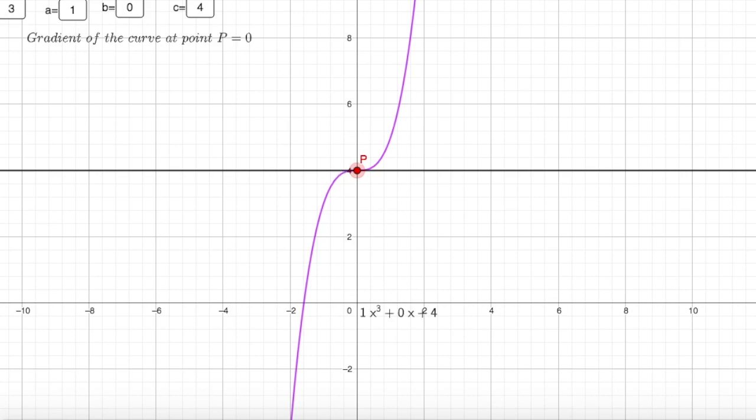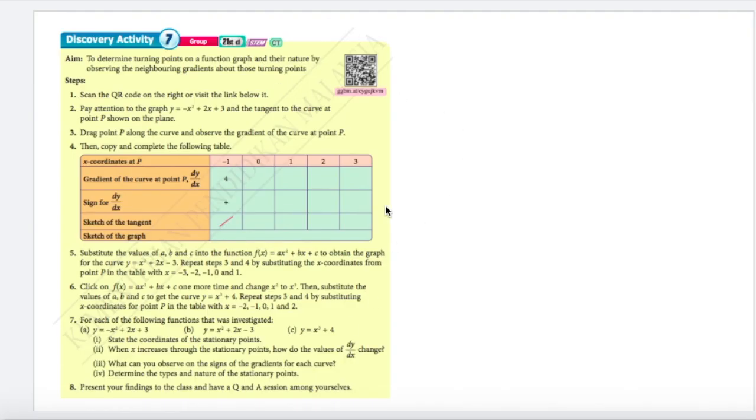So those are the 3 examples I showed you, from discovery activity 7.